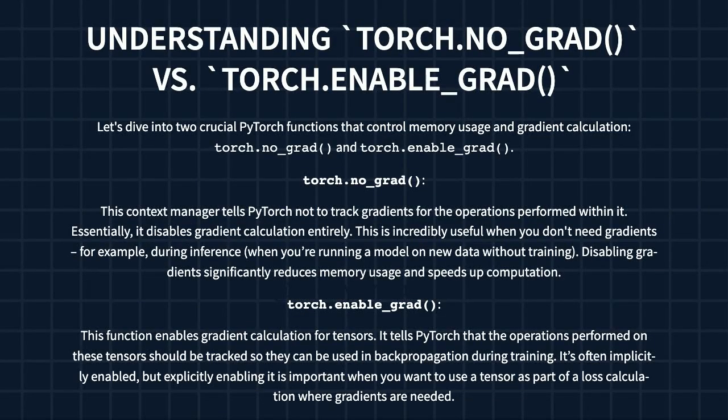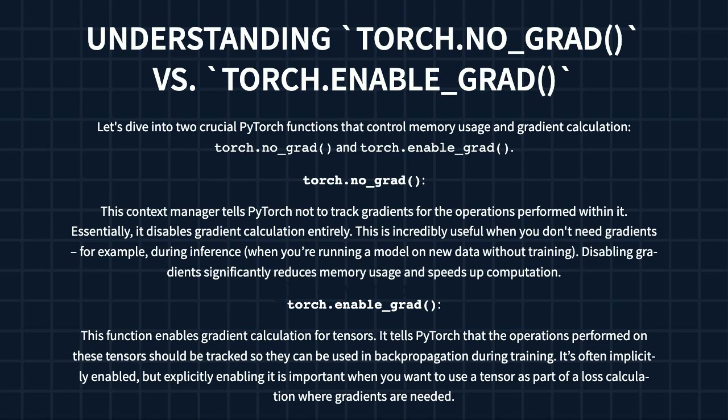Okay, let's talk about memory management in PyTorch. We often encounter torch.no_grad and torch.enable_grad. torch.no_grad is a really handy context manager. Think of it as telling PyTorch, hey, I don't need to keep track of how things change here. Let's just do the calculations quickly without saving any information for backpropagation.